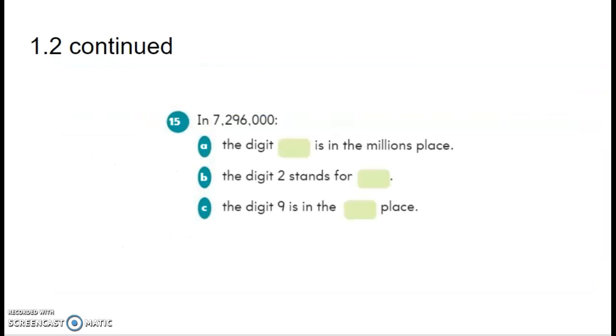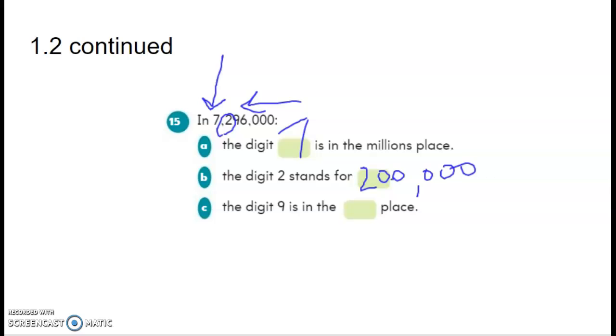So we have a number that includes millions. It's asking me what digit is in the millions place. Well, that is the one to the left of that second comma, if we're reading from the right, like with our commas. So 7 is in the millions place. The digit 2 stands for, so that's asking the value, 200,000.